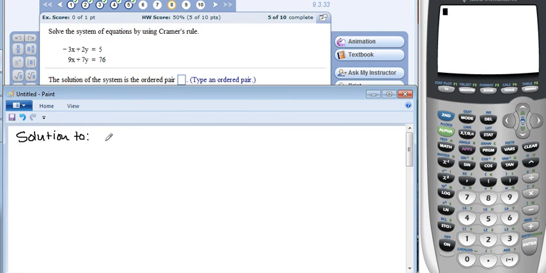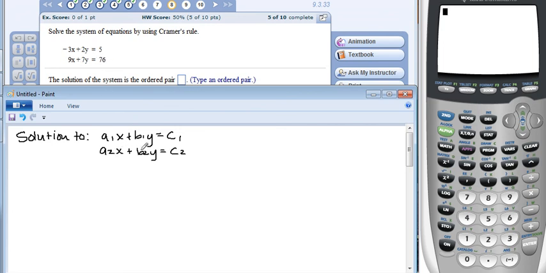So the solution to a1x plus b1y equals c1 and a2x plus b2y equals c2, and this is your generic form. I'll explain it in just a second. Here a sub 1, b sub 1, c sub 1 are the numbers, like the -3, the 2, and the 5.